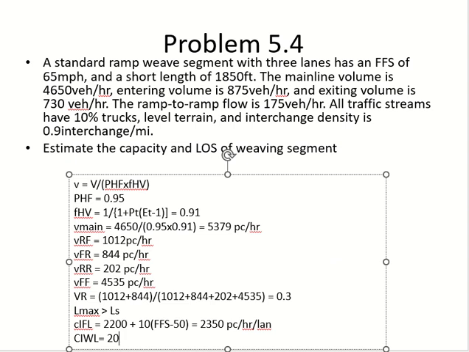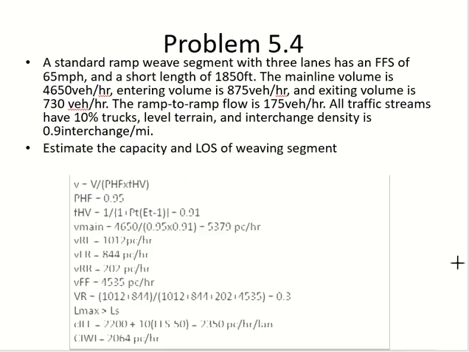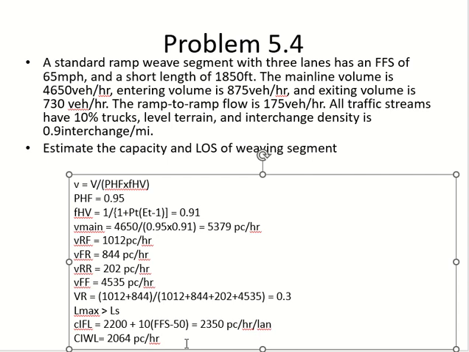2064. Okay, this is passenger cars per hour. I have 3 lanes plus 1 auxiliary lane. So the total capacity will be what? You multiply CIWL with 3. How much will you get? 6492.